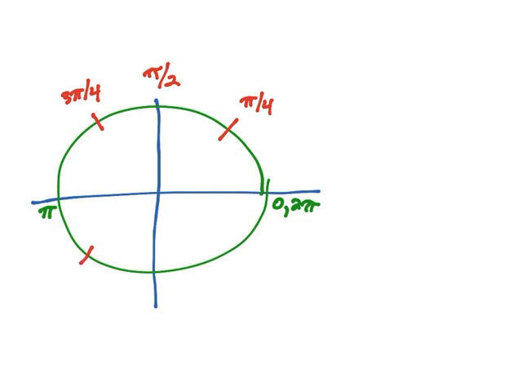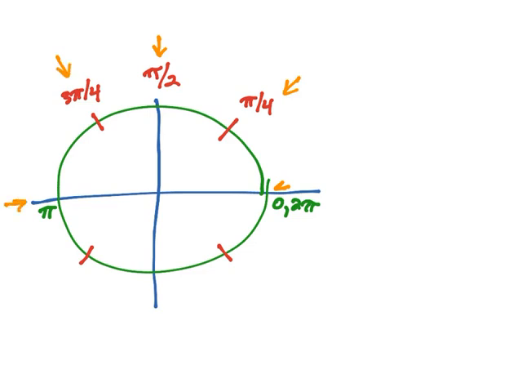And we're going to keep going for the second half of the circle. What I do to fill them in is I just count my pi over 4s as I go around the circle. So I start at 0, and then I say this one is 1 pi over 4. And this one is 2 pi over 4, but 2 pi over 4 reduces to pi over 2, right? Then I get to this one, I say that's 3 pi over 4.